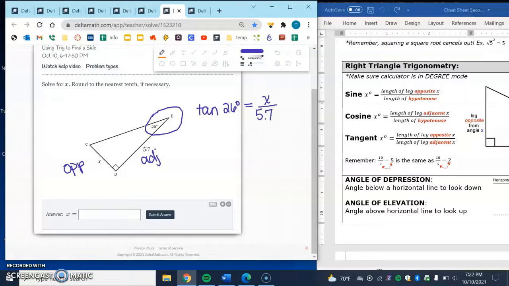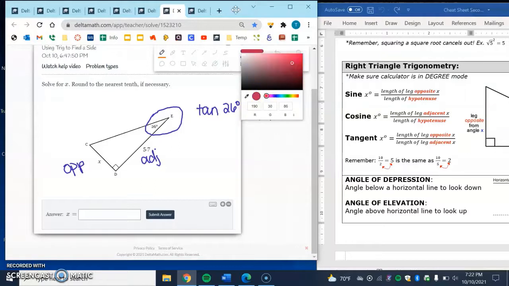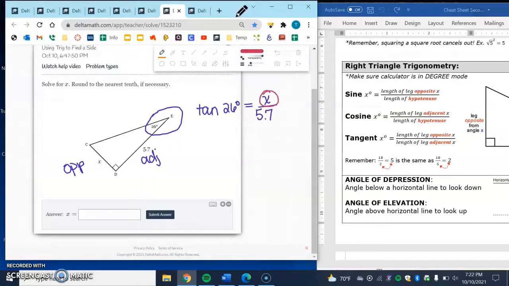Okay. Next, I just need to figure out what x equals. And if I want to get x alone, then I just need to get rid of dividing by 5.7. And how do I get rid of dividing by 5.7? I would multiply both sides by 5.7.